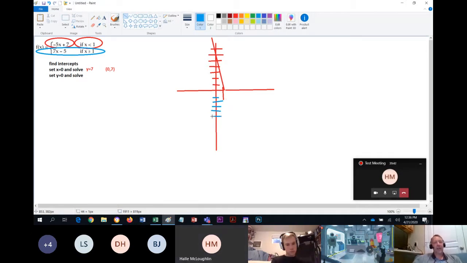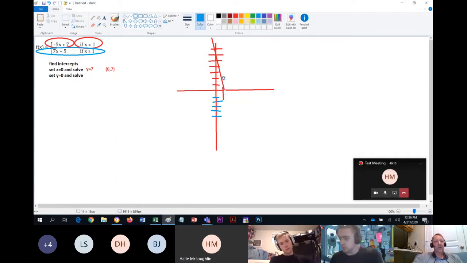So I'm going to negative 5. I'm going to rise 7. So 1, 2, 3, 4, 5, 6, 7, and I'm going to run 1. So now I'm here. Essentially, before I draw that line, it should go through this point right here.